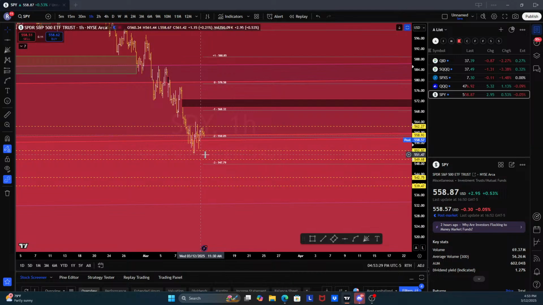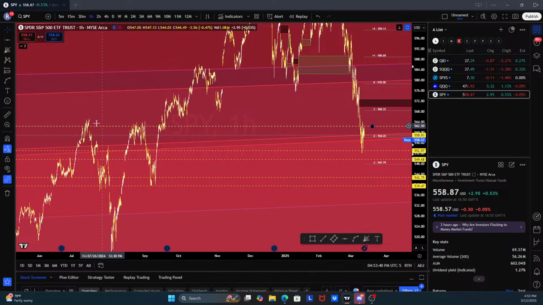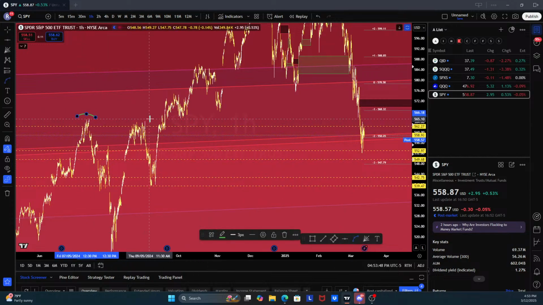So I'm looking to pick up calls anywhere around here and then back up to 562, which is where we saw a lot of rejection today. And these are just based off of previous levels. Like I said, you have the arc here, arc there.